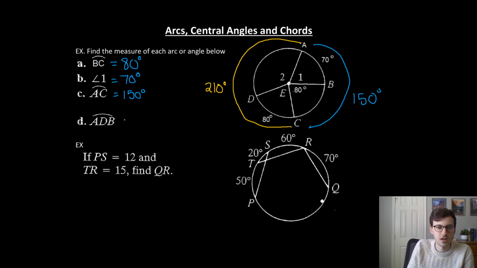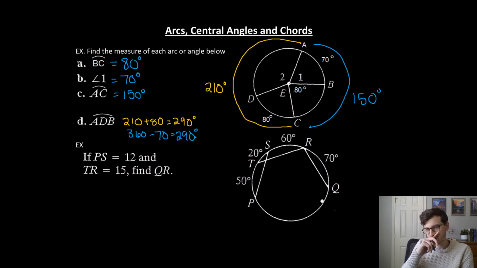So we could say, on one hand, 210 plus 80 is 290, or we could say 360 minus 70 is 290. Either of those would be acceptable ways to find ADB. It's the same measure, so that feels pretty good.